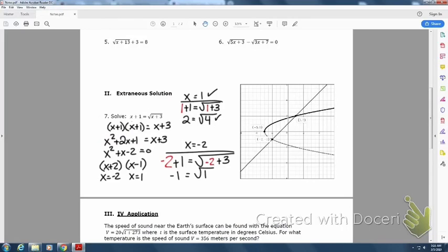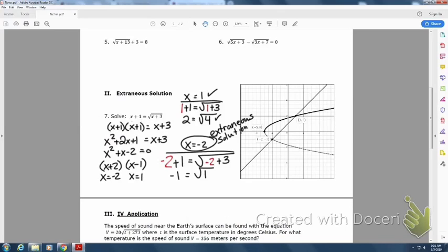Whenever you're doing this, we only consider the positive solutions, and I'll tie that back into, I believe it was the 10.3 lesson. Because I got the negative answer, the square root of 1 is negative 1, this would be my extraneous solution. That's just a fancy word for extra. It's not an actual solution to the problem.